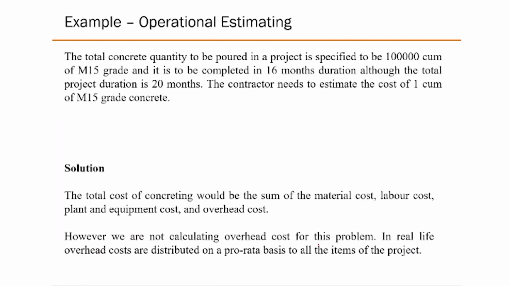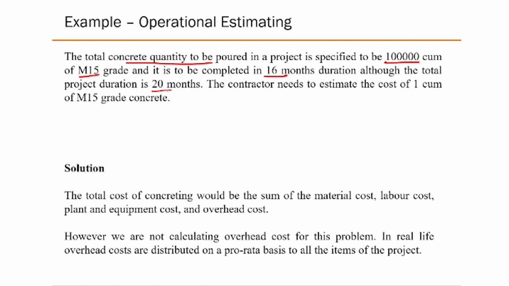Let's look at a more comprehensive example of combining both the pieces of information, the productivity norms as well as the material norms, on how you really go about it. So the total concrete quantity to be poured in a project is specified as 1 lakh cubic meter of M15 grade, and it has to be completed in a 16-month duration, although the total project duration is 20 months.